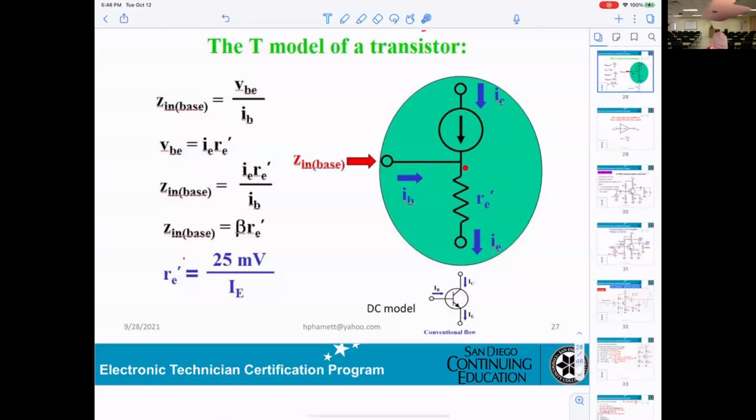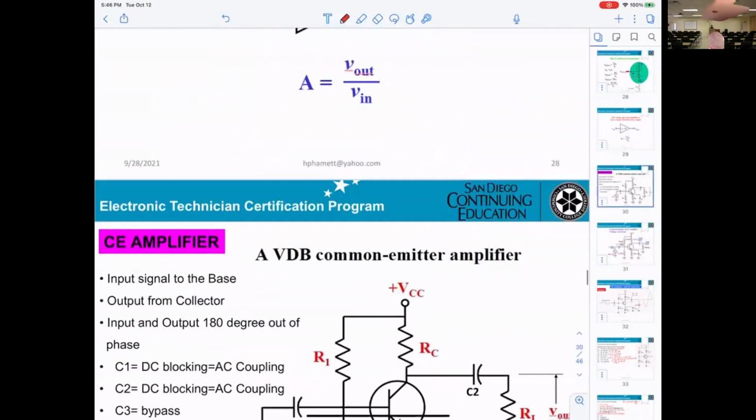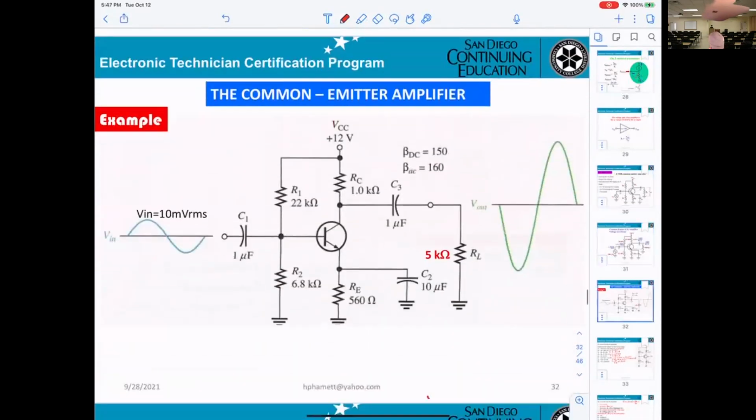VB right here to the ground here equals IE, correct, times r'e, right? IE times r'e.